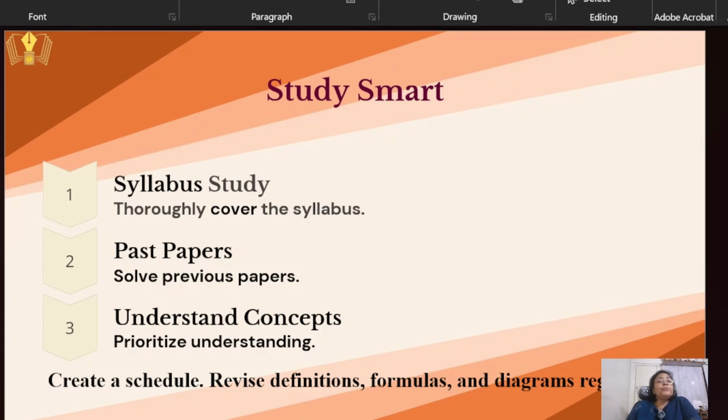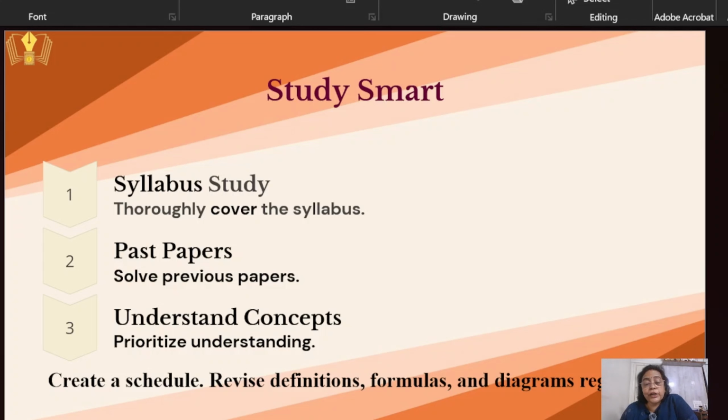Solve previous year papers. Remember that though there are changes in the pattern of the question papers, MCQs are there, but the topics are more or less the same as earlier. So you can always consult the previous year's question paper to get an idea, and that will be very, very helpful for your preparation.